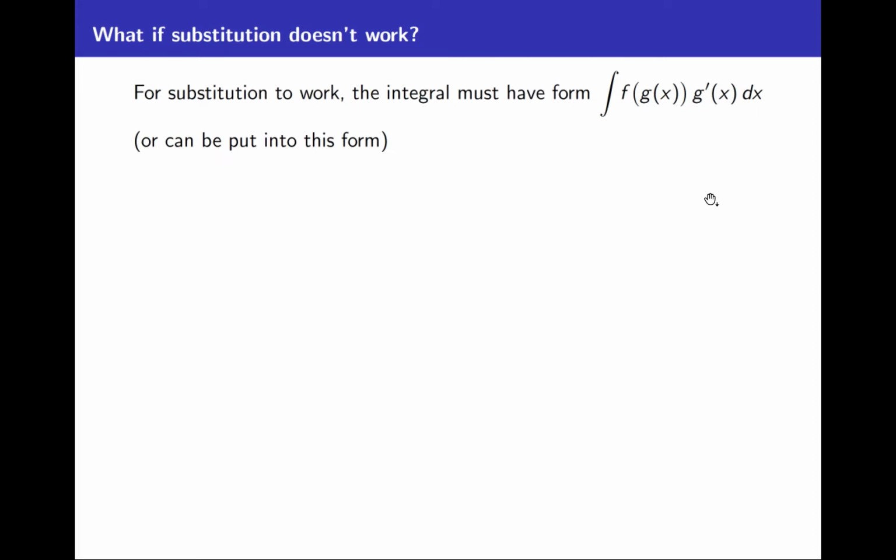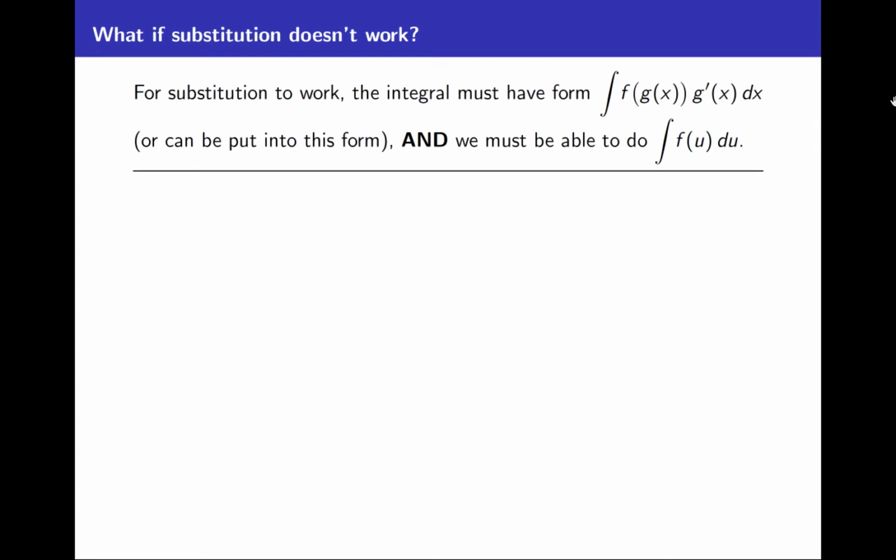And with that substitution, this turns into a much simpler integral, the integral of f of u du. And of course, it's vitally important that we be able to evaluate that integral to find it. So for substitution to work, a lot has to fall into place. But when it does, we can get an easy answer.